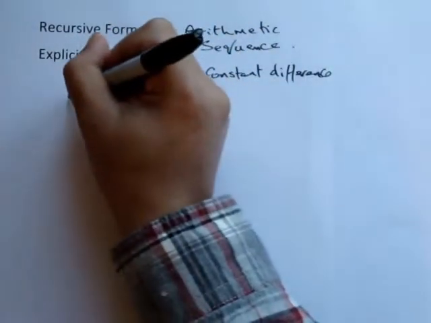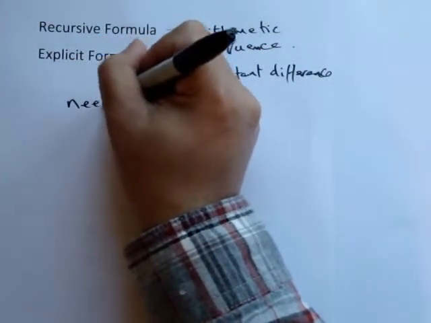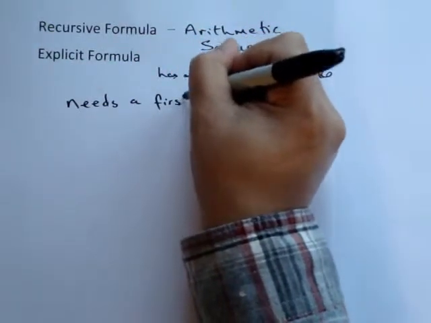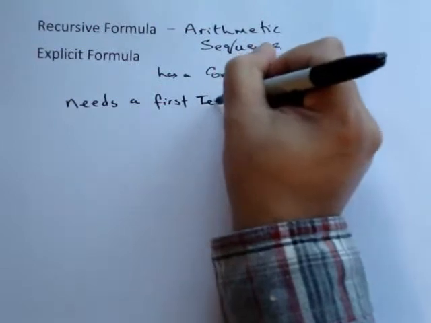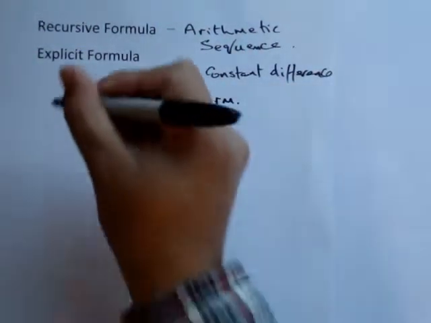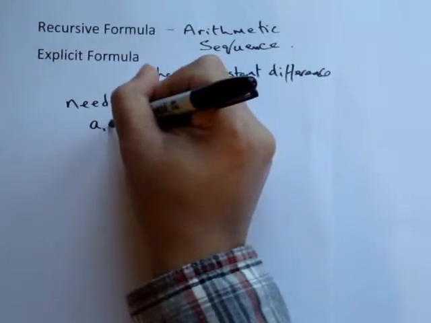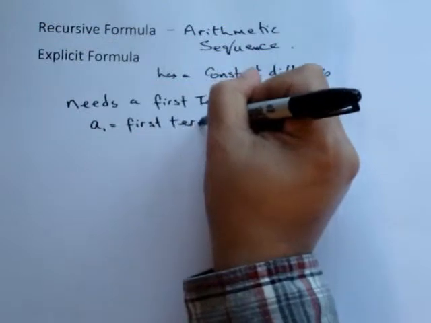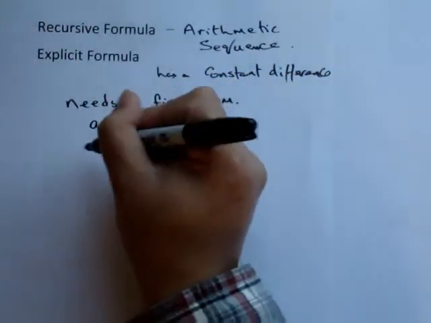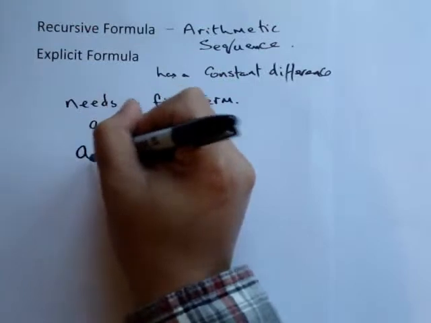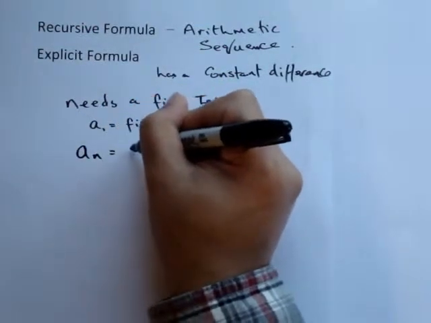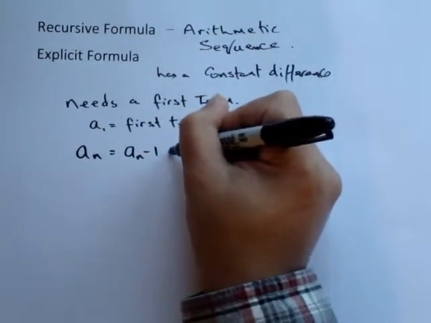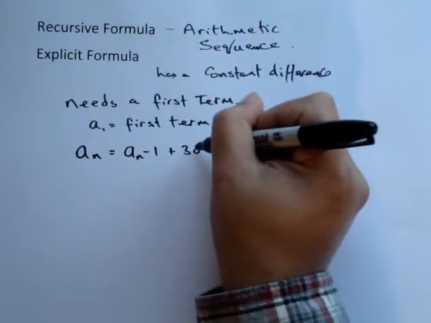And for a recursive formula we need a first term. So if we have A1 as the first term, our recursive formula is an equals an minus 1 plus 300.